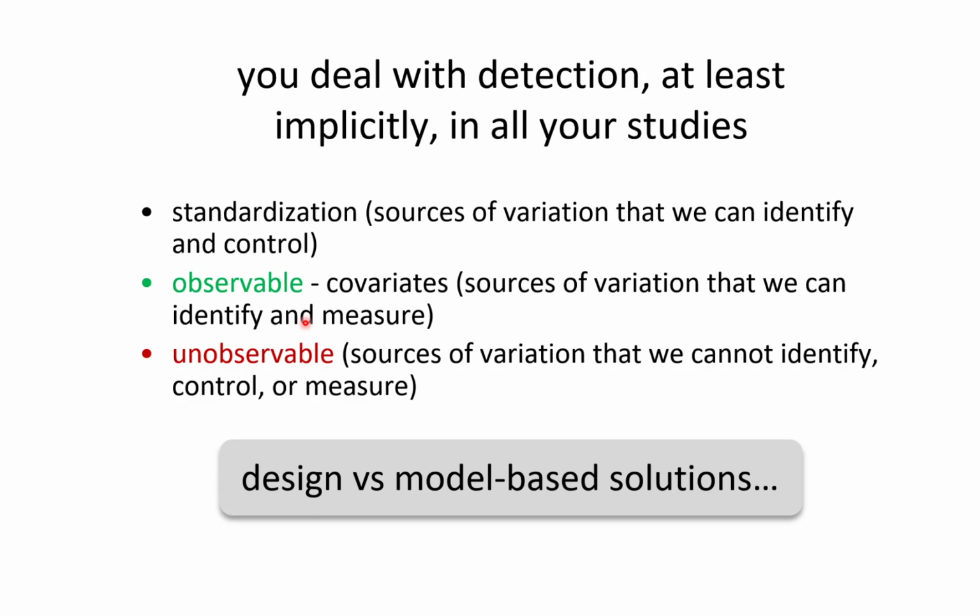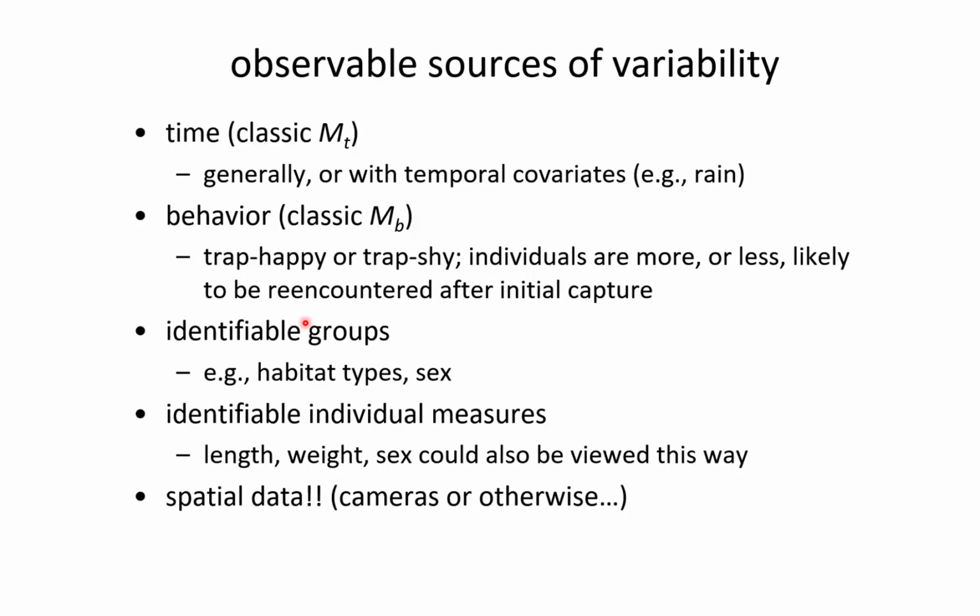So this is what a lot of people would call model-based inference. You're making inference based upon a model where you pretend that the animals are coming from some sort of distribution. So designed versus model-based solutions.